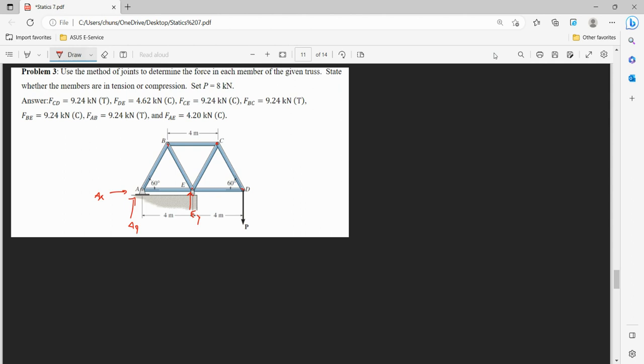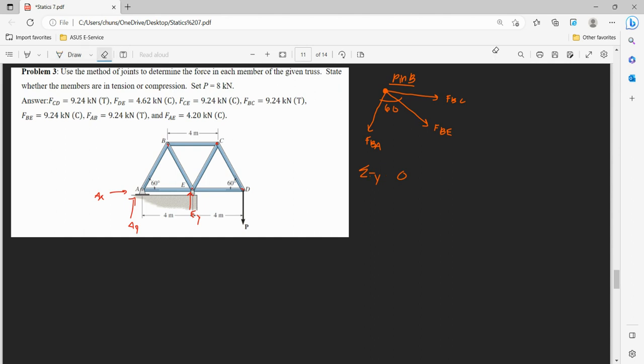So let's start with B. So this is angle of 60 degrees. Okay, and this is FBC, FBE, and FBA. All right, so let's start with our FY, because then we'll only have 2.